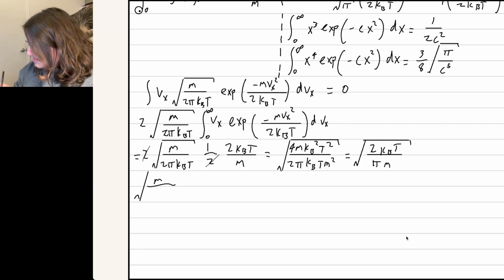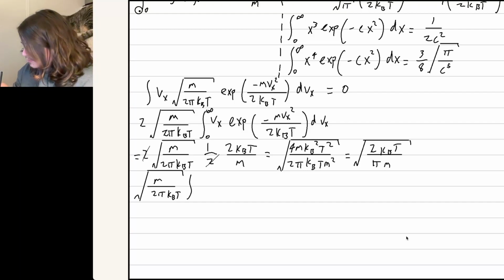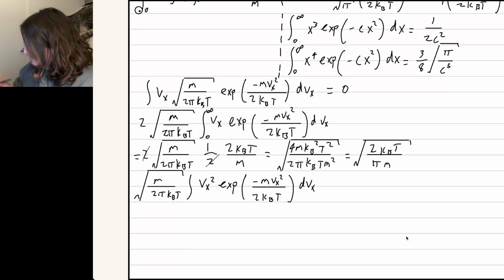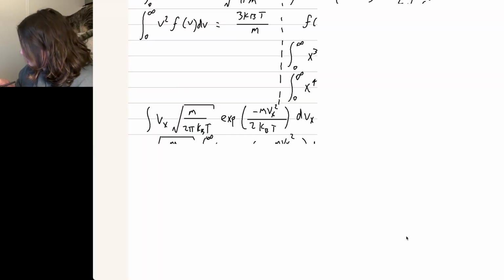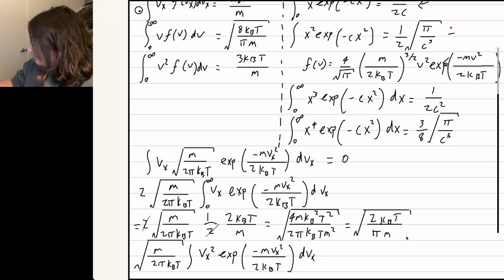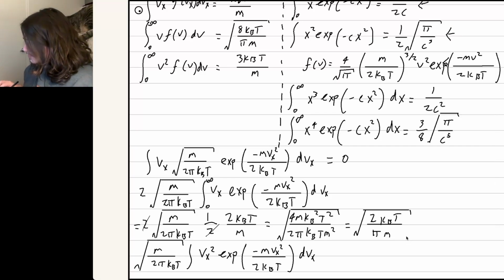M over 2 pi kbt, integral over all space vx squared times exp minus mvx squared over 2 kbt dvx. Now we're using our third table integral, which has the result 1 over 2 times the square root of pi over c cubed.